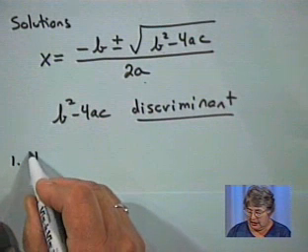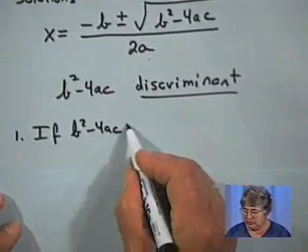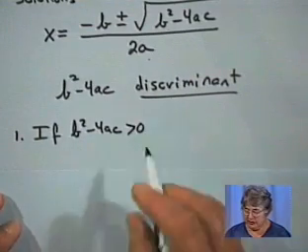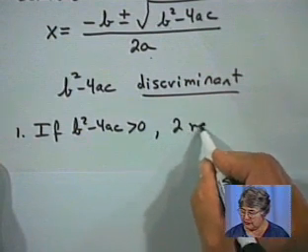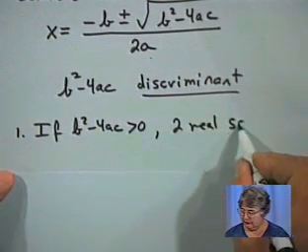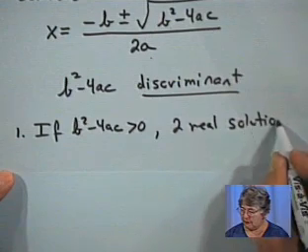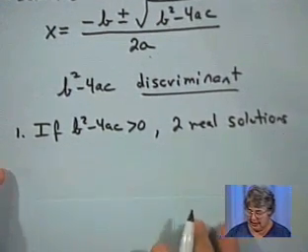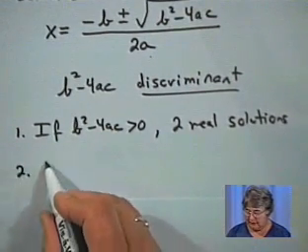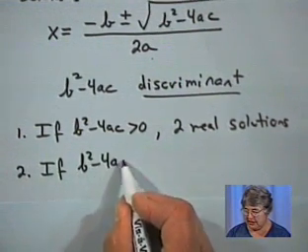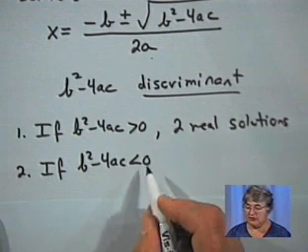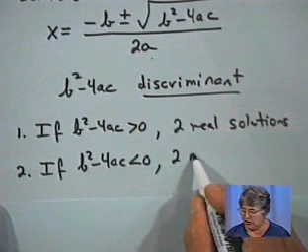If that discriminant, b squared minus 4ac, happens to be greater than 0, then we will have 2 real solutions. If that number inside the radical, the b squared minus 4ac, if that discriminant is less than 0, we will have 2 non-real solutions.